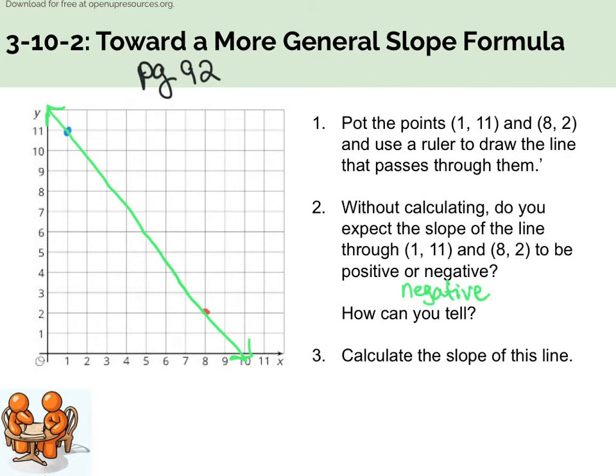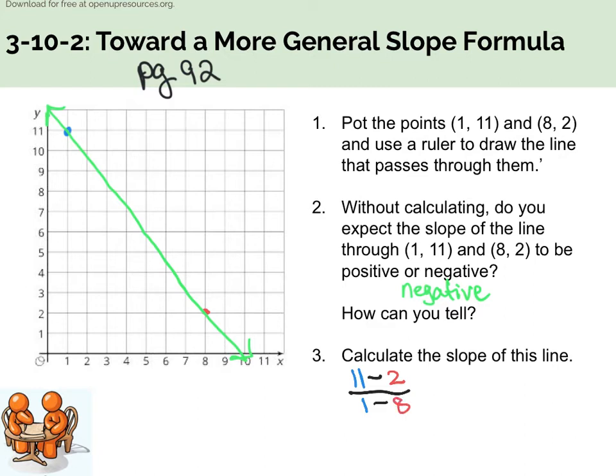And then let's find our slope. To find our slope, we're going to subtract off our y's. So we are going to say 11 subtract 2, all over. Now we're going to subtract off our x's. We are going to say 1 subtract off 8.